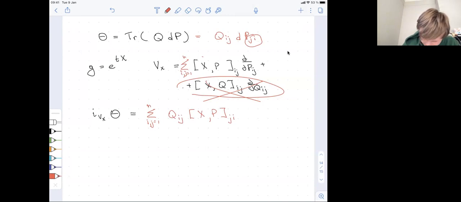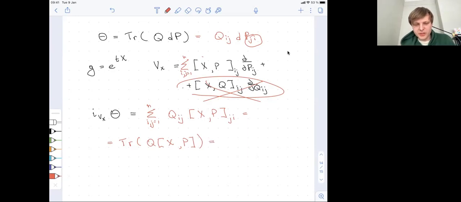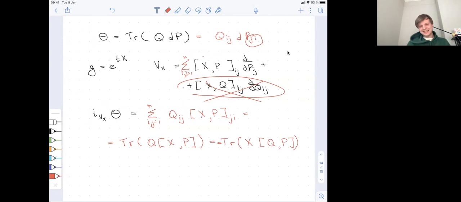And we can easily see that this is just the trace of q with the commutator of x and p. And again, we can use the cyclic invariance of the trace, and what we obtain is that actually this is the same as the trace of x with the commutator of q and p, with minus in front, I guess.